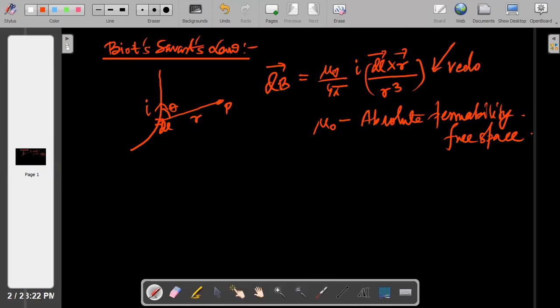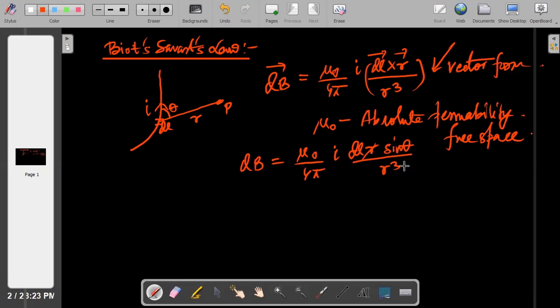In scalar form, dB is actually mu naught by 4 pi, I, cross product means dl into r sine theta, divided by r cube. So this will cancel, it will become r square.